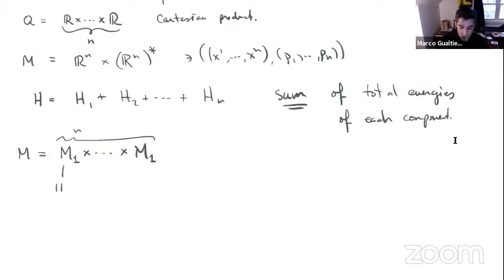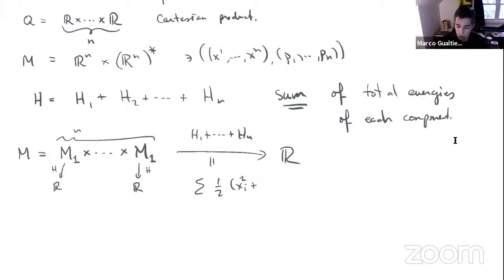I'll label them. And this has a function which is just the sum of the n functions. So this function is the sum of 1/2 (xi squared plus pi squared).